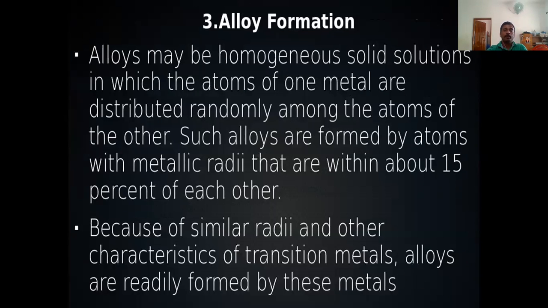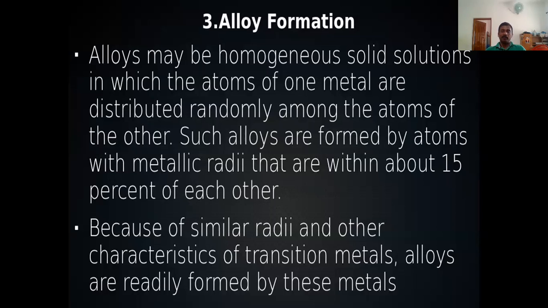Another important property is alloy formation. You know, alloys are homogeneous solutions of 2 metals, and some non-metals also may be with it. A homogeneous solid solution in which atoms of one metal are distributed randomly among the atoms of the other. You can simply say homogeneous solution of 2 or more metals.